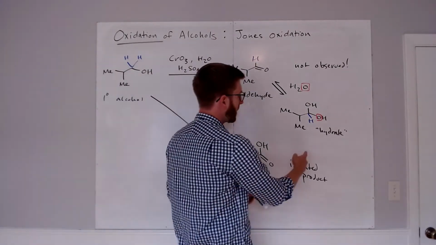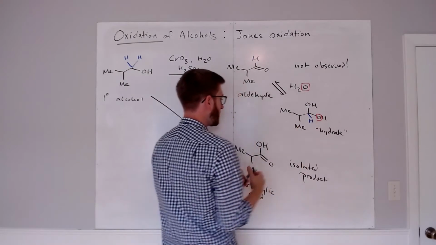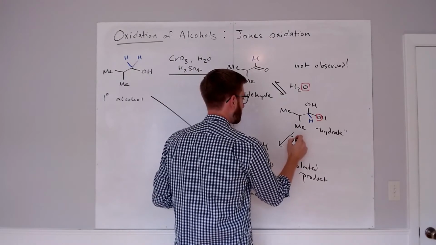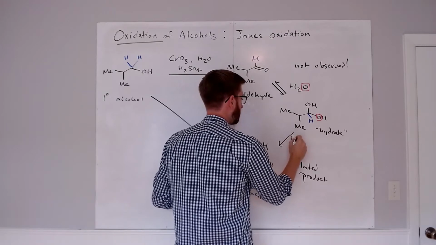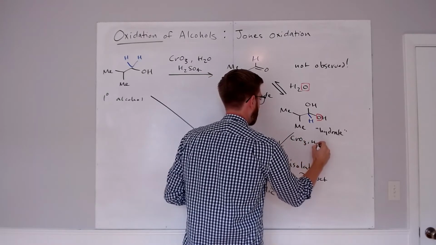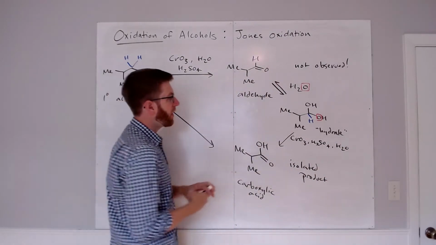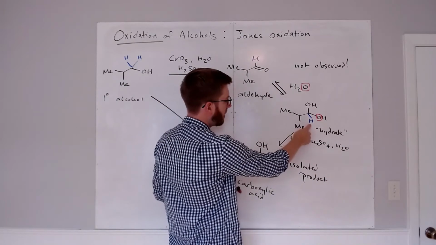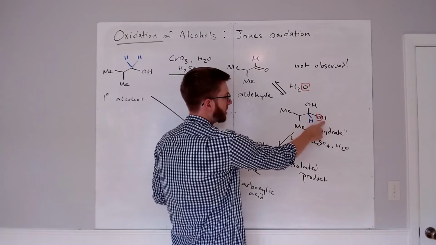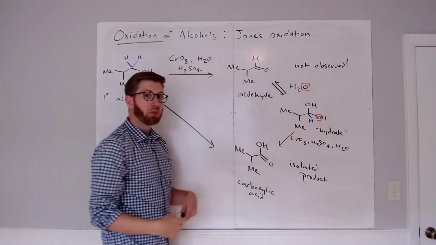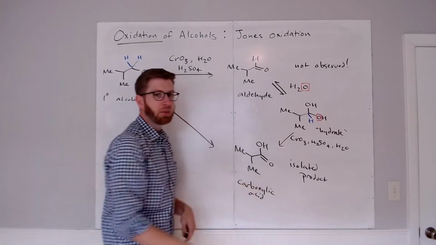So if we look at what's going to happen if we took the hydrate and reacted it with our chromium, actually I'll write that out. Now we can see that if I remove this blue hydrogen and let's say the hydrogen on this oxygen, I'll make a new CO double bond, the other OH group will stay there, and that's going to end up being my carboxylic acid.